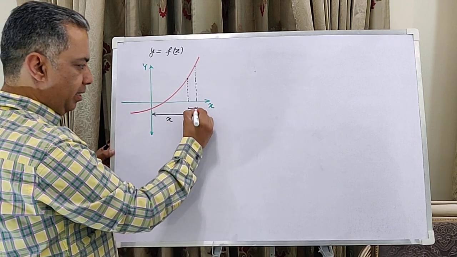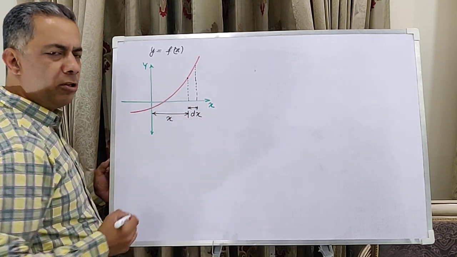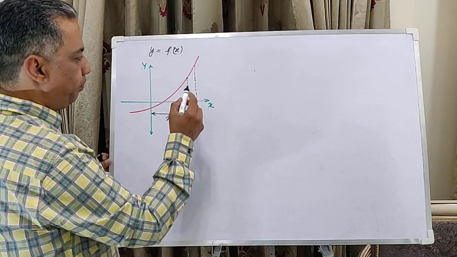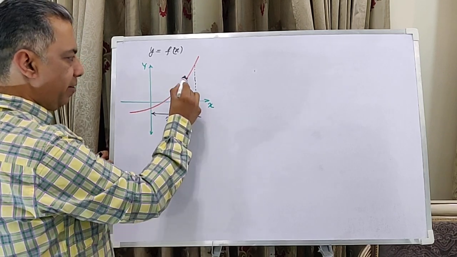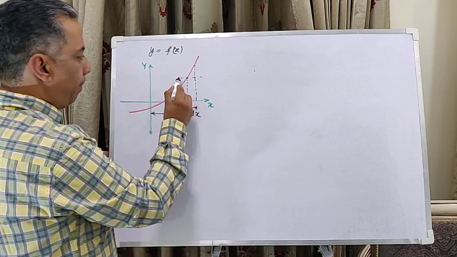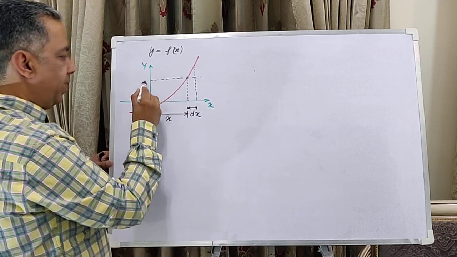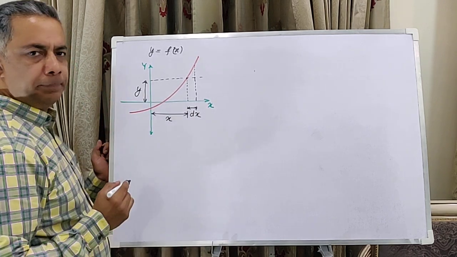This width here, this little length, is a small change in x, say dx, and this height here is y or f(x), right? So over here we have y.